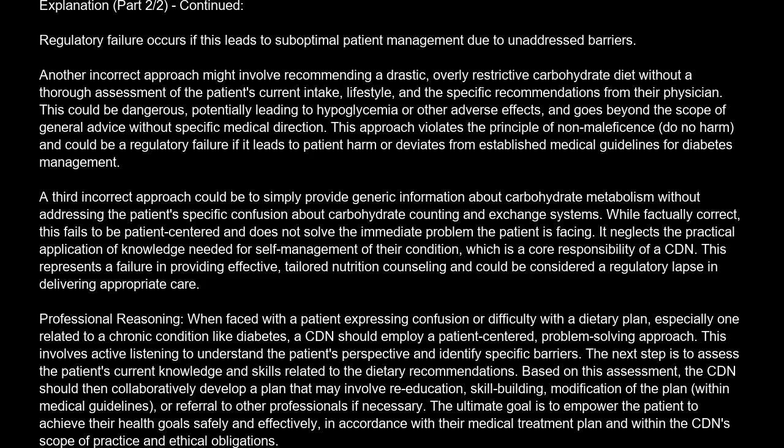Based on this assessment, the CDN should then collaboratively develop a plan that may involve re-education, skill building, modification of the plan, within medical guidelines, or referral to other professionals if necessary. The ultimate goal is to empower the patient to achieve their health goals safely and effectively, in accordance with their medical treatment plan and within the CDN's scope of practice and ethical obligations.